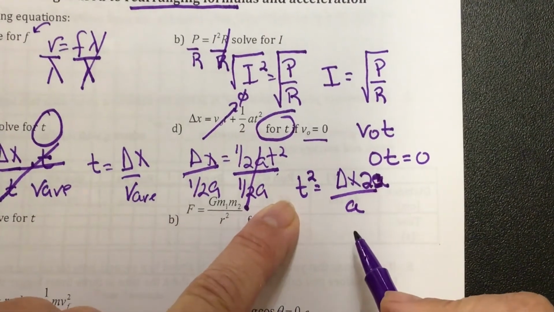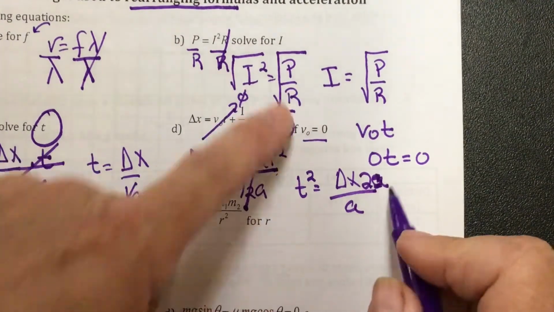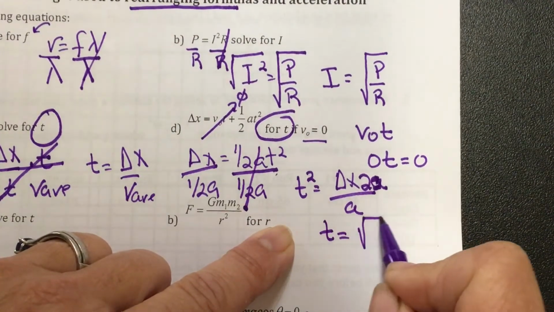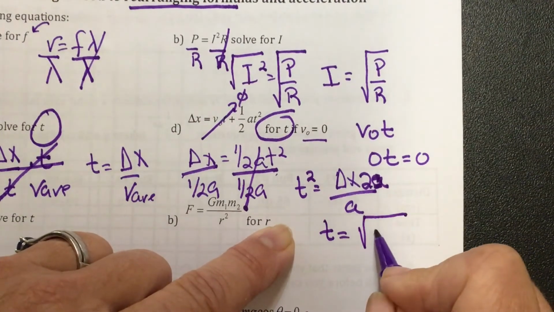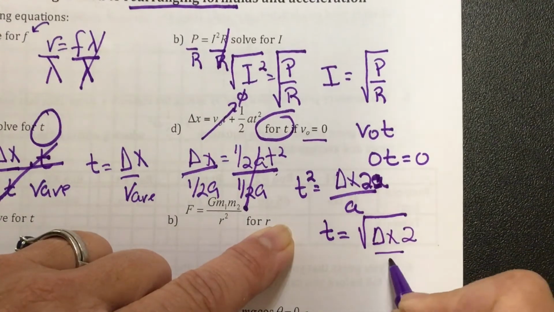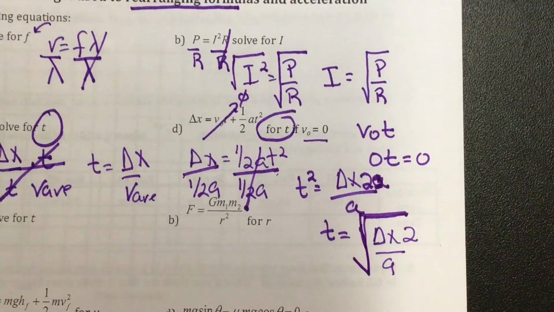And we're not quite done, just like before. Just like up here, we have to take the square root of both sides, and so we get t equals the square root of delta x times 2 divided by a, all under the radical.